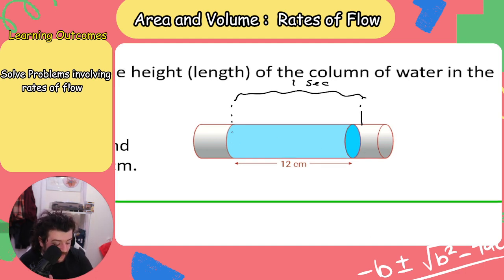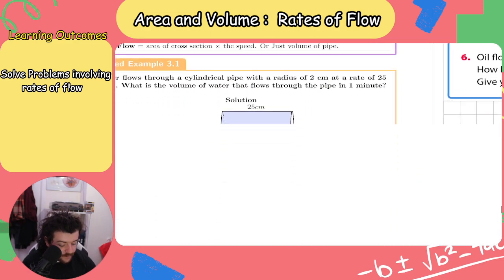If I calculate the volume of the cylinder after 1 second, that will give me how much water is shoved through in 1 second. See all this blue? That's water. After 1 second, it travels 12 centimeters. Now I calculate that volume.